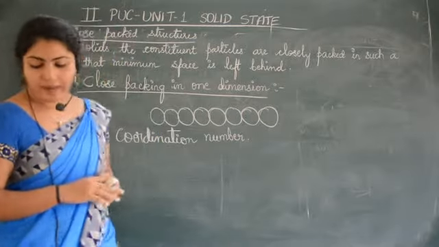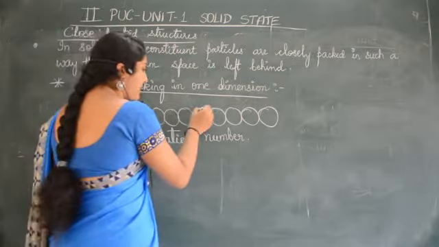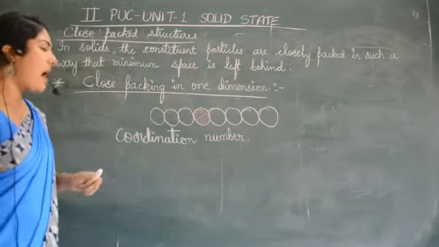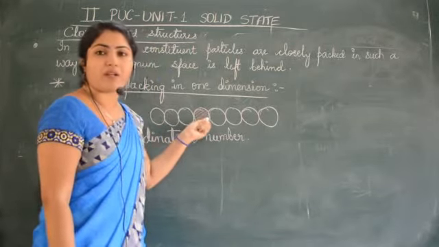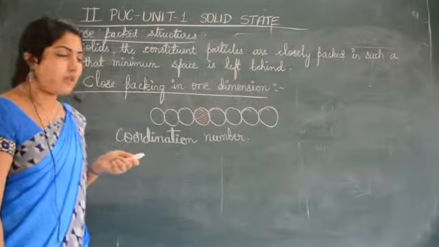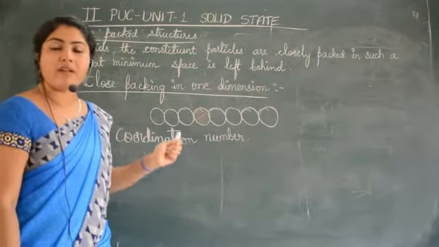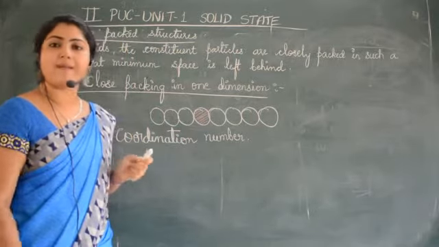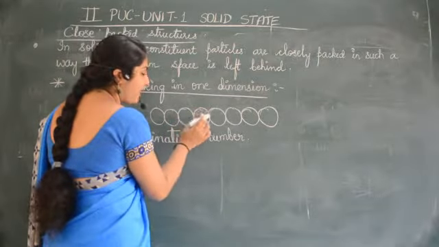Now for example, let me take this as an atom. This is the atom I have chosen now. I have to see how many nearest neighbors this particular atom has. That will be the coordination number. The number of nearest neighbors of the particle is called the coordination number. Now how many neighbors does it have? Immediate neighbors.